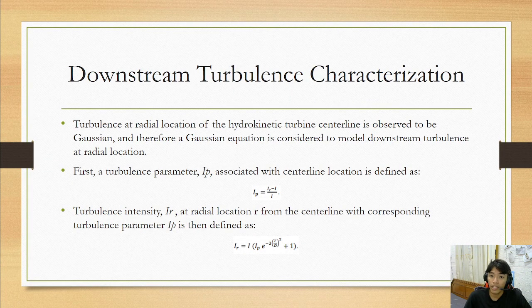So turbulence at radial location of the hydrokinetic turbine centerline is observed to be Gaussian, and therefore a Gaussian equation is considered to model downstream turbulence at radial location.